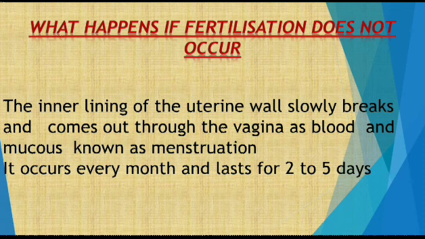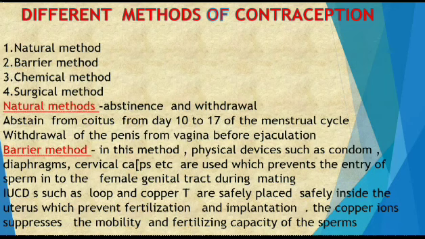It takes 2 to 5 days, commonly called the bleeding period, and the cycle is called the menstruation cycle. In this, the uterus wall swells and much blood is deposited on it. Due to the pressure of the ovum, the wall ruptures, and that blood is removed from the body through the vagina.